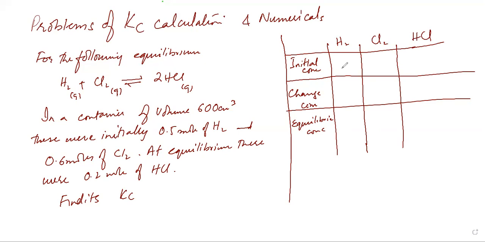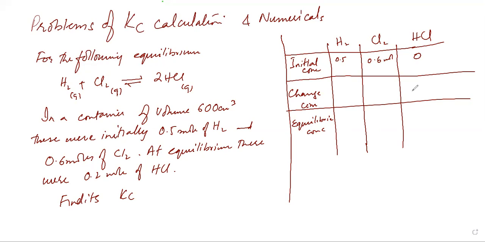There were 0.5 moles of this, 0.6 moles of this, and there was nothing by the start. But at equilibrium, what change is coming?